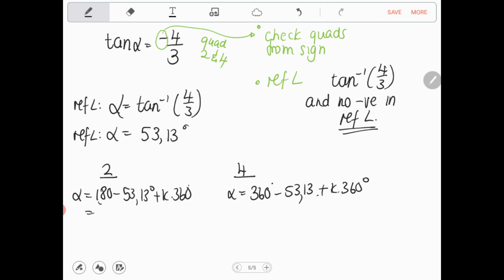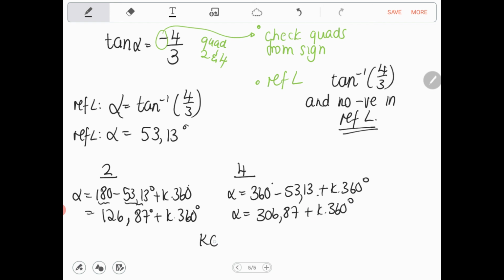Okay, so get these like terms together here. 180 minus 53.13 is 126,87 plus k lots of 360. And this one is going to be 306,87 plus k lots of 360.